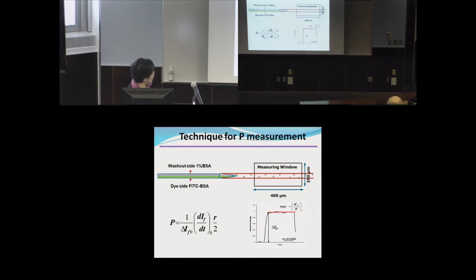And then we inject the dye, and we see the step increase of the fluorescent intensity in this mirror window, a step increase, if the microvessel wall is permeable to this solute, and we see the accumulation of the solute in the tissue and increase the total intensity in this mirror window. And then from this step increase and the slope of this increased curve and the radius of this vessel, we can calculate solute permeability.